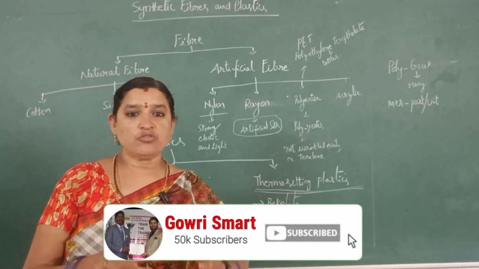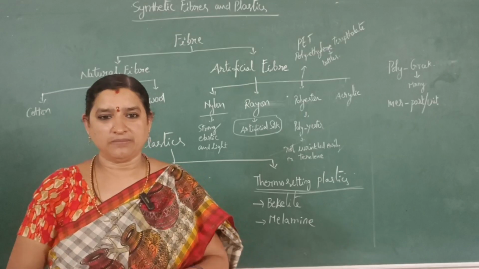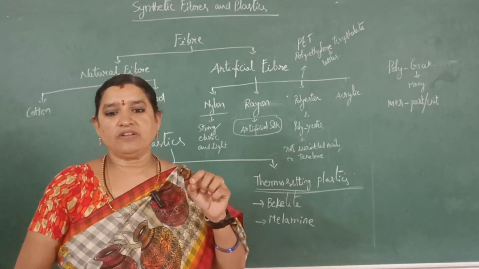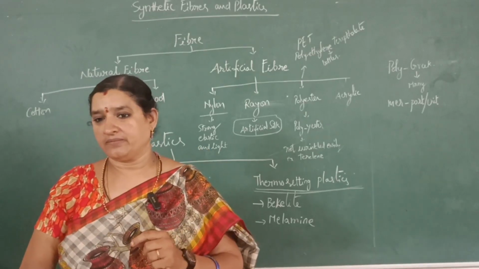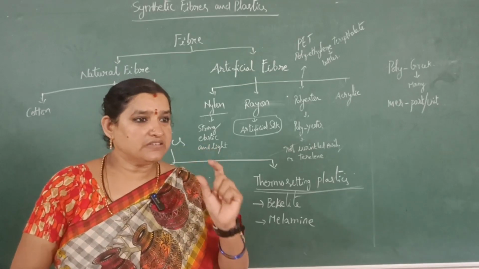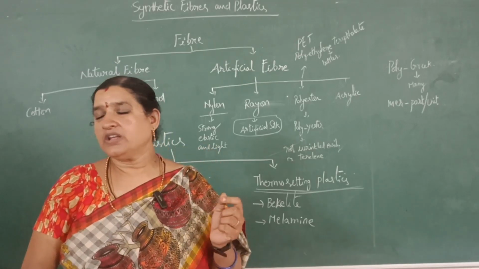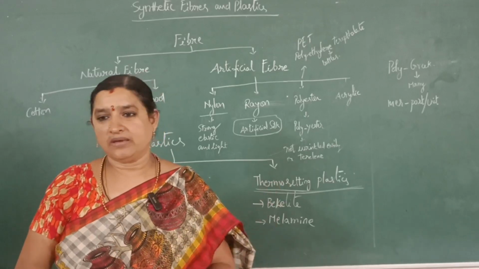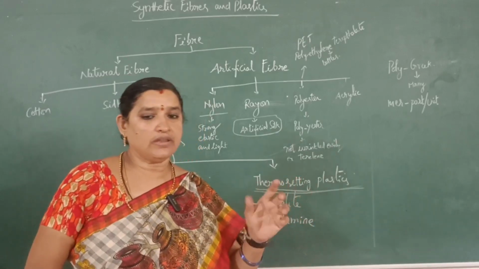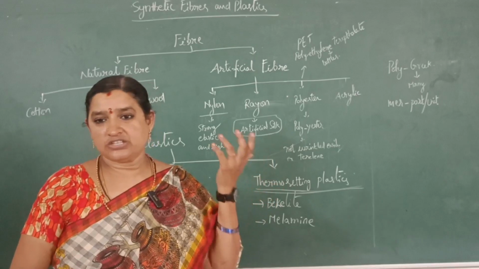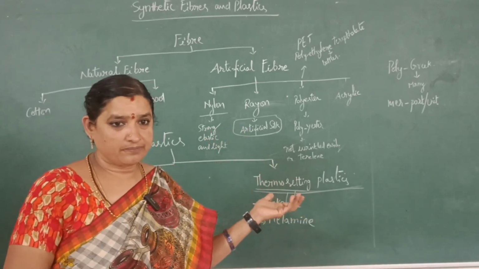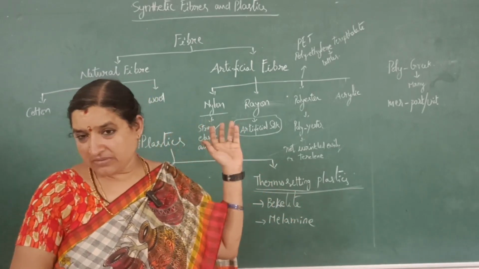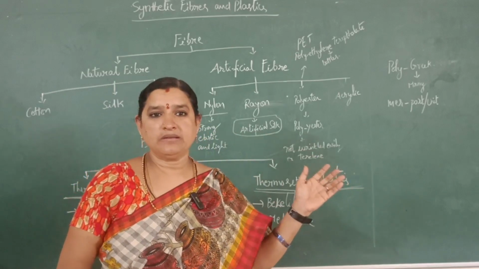So a combination of many units is called a polymer. The single unit we call a monomer. If we use a combination of monomers, then we get a polymer. We can get it in a chain or in another combination. Artificial synthetic fibers are all polymers only.